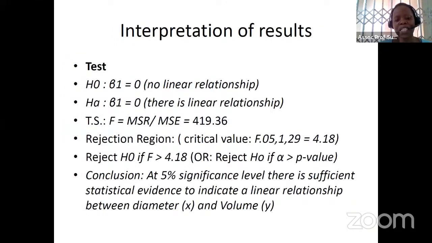So here is the interpretation of the F value, that is the F ratio, which is the ratio of the mean square regression over the mean square error. We are testing the hypothesis that there is no linear relationship between volume and diameter, while the alternative is that there is a linear relationship between volume and diameter. We can use the F distribution table to make conclusions about the null and alternative, but we can also use the p-value.